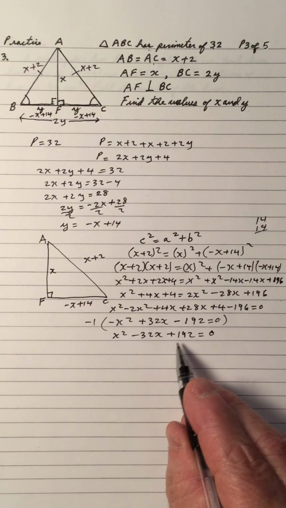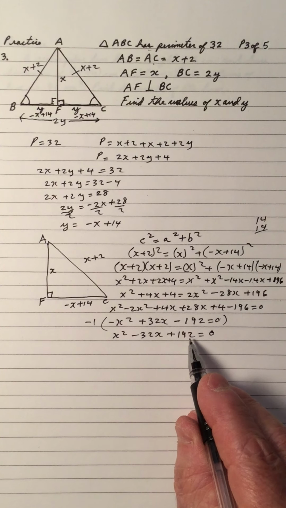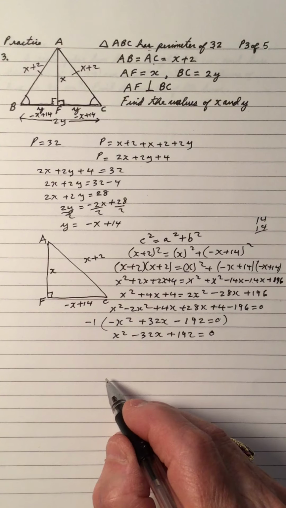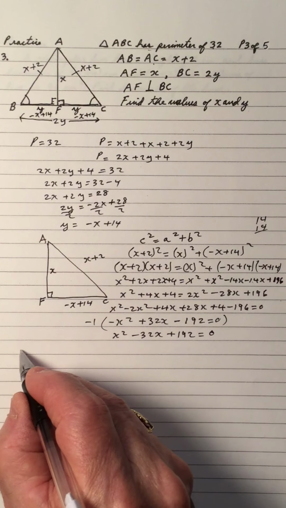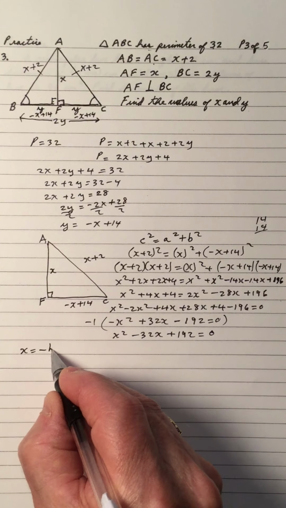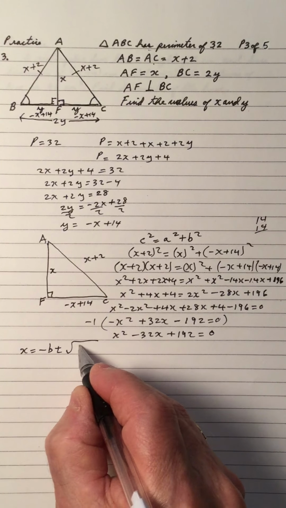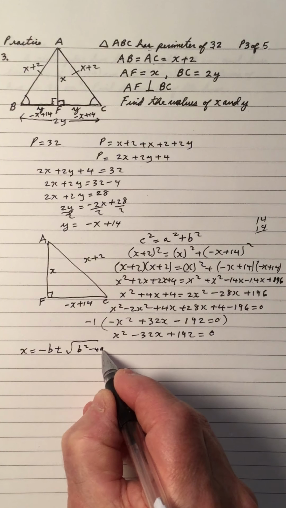Can you find factors of 192 that give me negative 32? Well, it's just as well to go to what I call the quadratic formula, and that will give me the answer pretty fast.